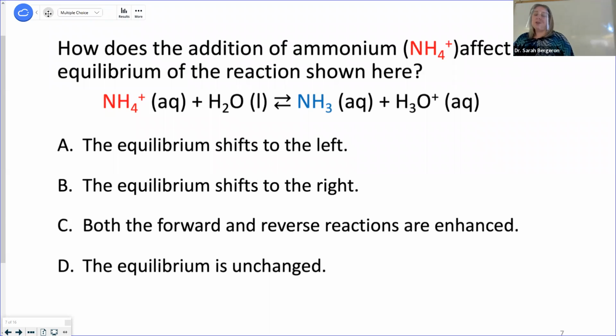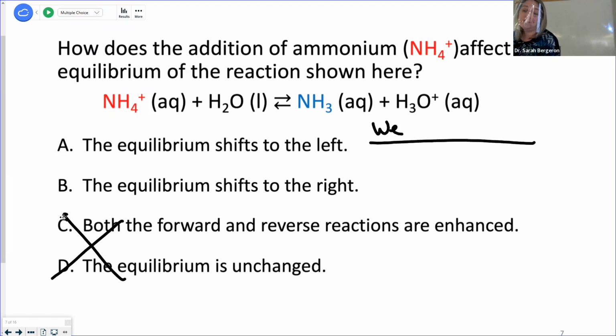Okay, so what you should have automatically done is crossed off C and D, right? Because you're doing something, you're stressing this reaction. So what did we do to the reaction? We increased a reactant or a product? A reactant. What did the reaction do?